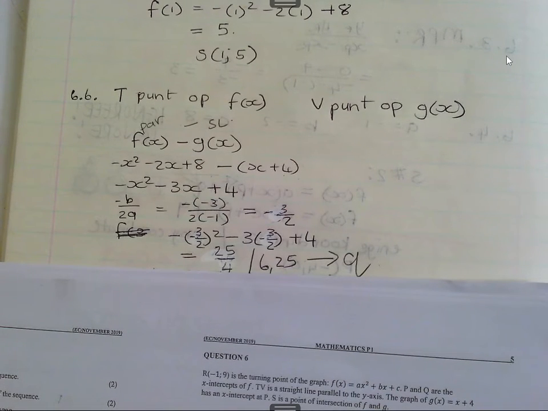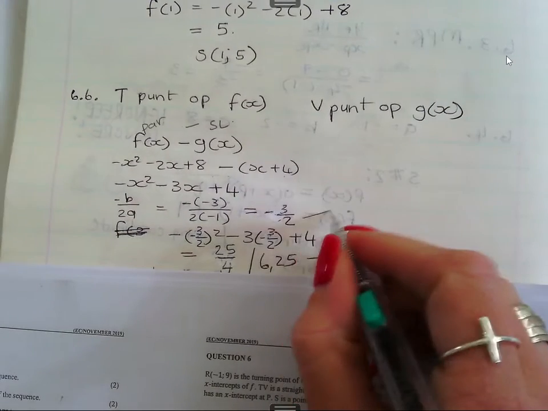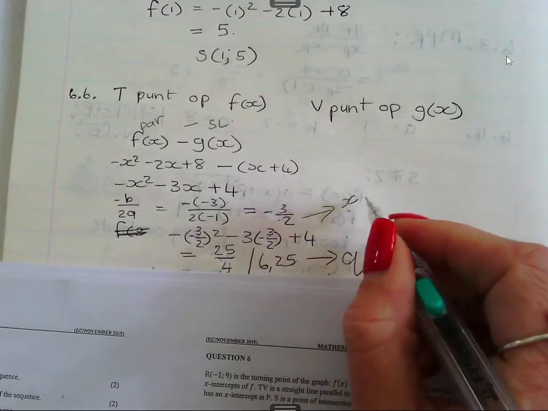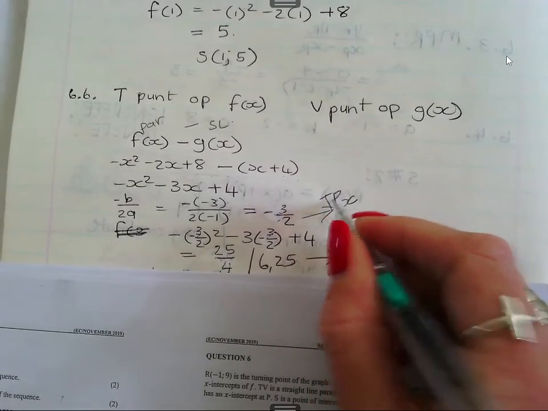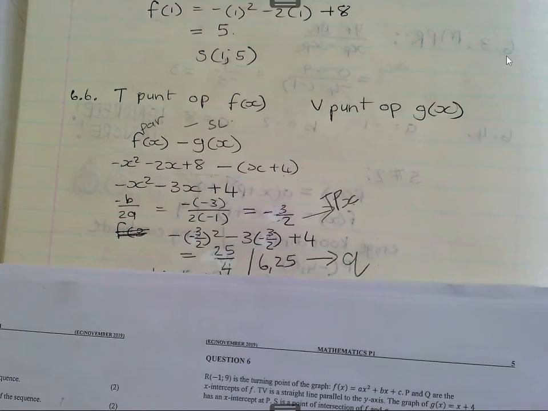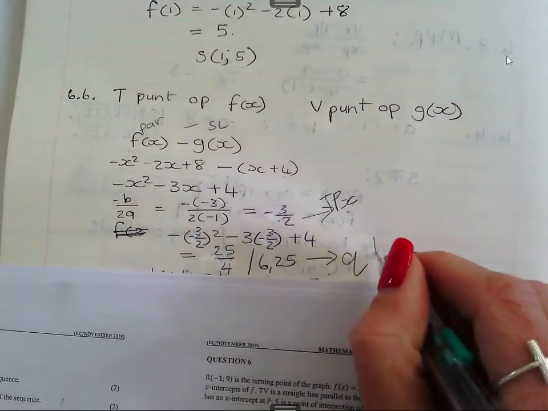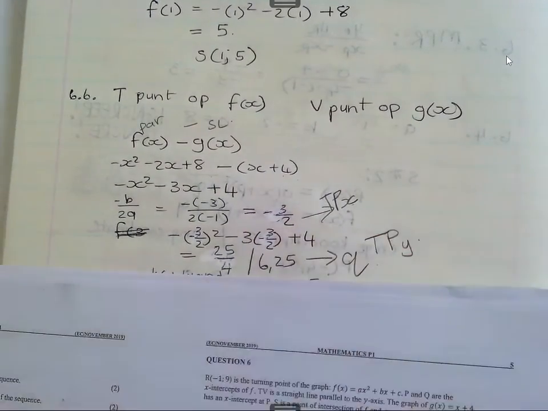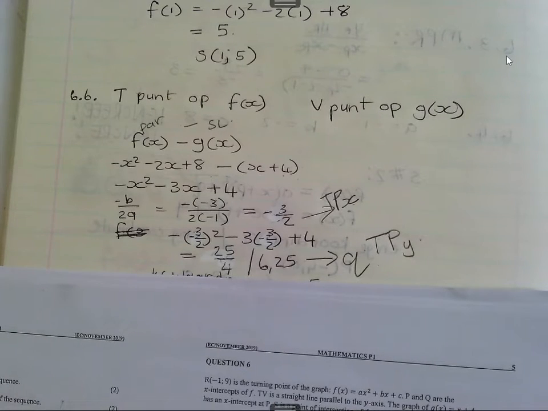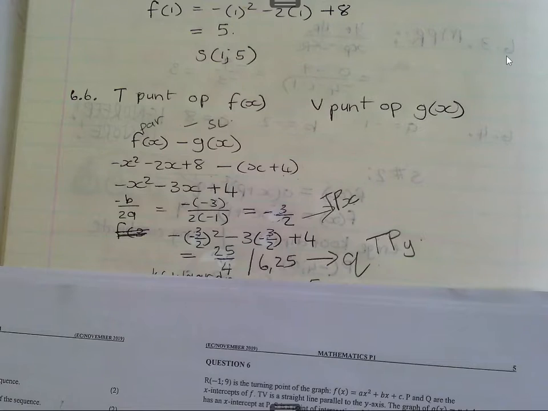So I have a quadratic trinomial. It's standard form 1. If you have standard form 1 and you want to calculate the turning point, you use negative b over 2a. When I use negative b over 2a, that is the x value of the turning point. This is q, the turning point's y value. The answer is 25 over 4. I just wrote it as 6,25.